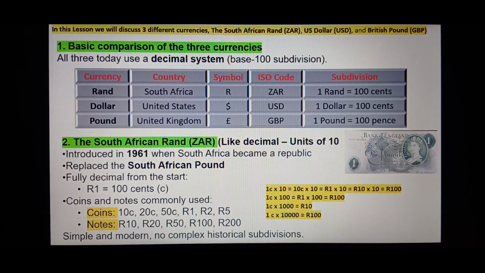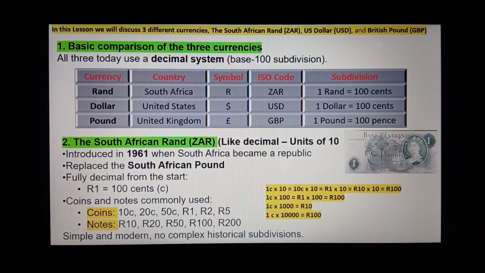The dollar, the symbol is an S with a stripe through it, and $1 is 100 cents. The pound looks like an L shape, and £1 is now 100 pence. But we will see what the United Kingdom's money used to look like. So the South African rand is like a decimal.